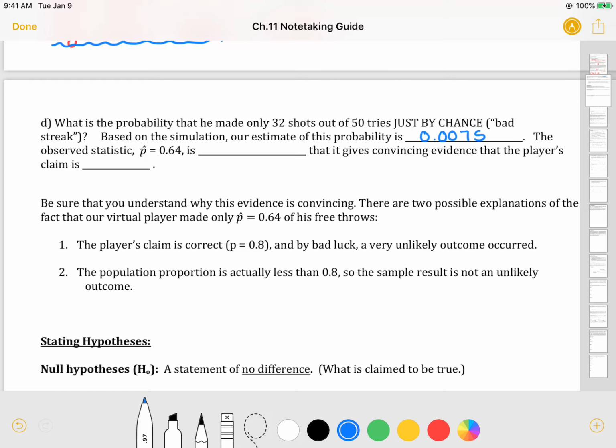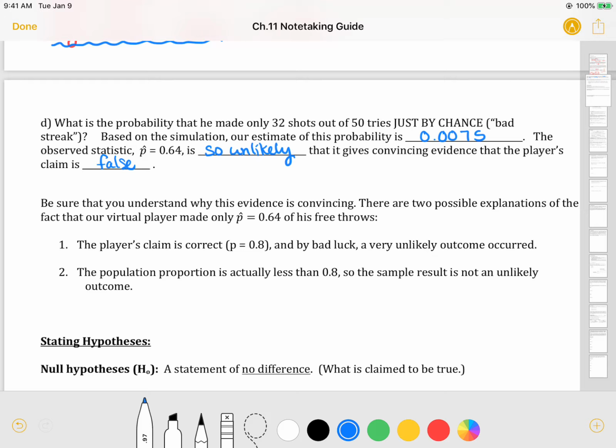Since this number is so low, the observed statistic p-hat of 64% is so unlikely that it gives us convincing evidence that the player's claim is false. Okay, so we don't believe him.